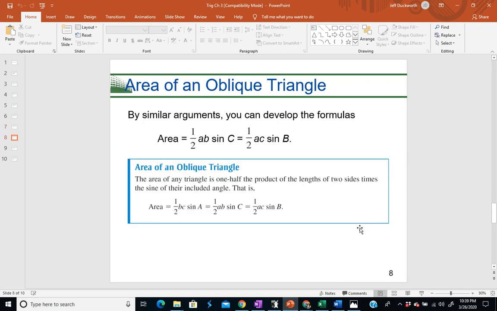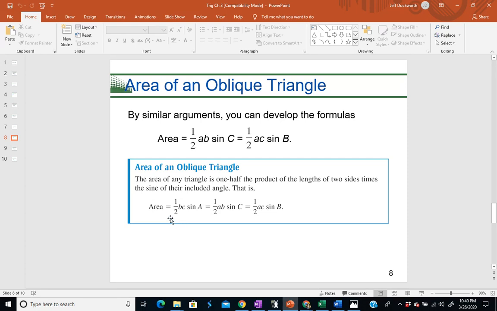Now, there are 3 different ways to calculate area based upon which ones you have. I'll draw the triangle how I drew it in, I think, video 2, where in clockwise order the angles are A, then C, then B. So just keep that in mind when you're trying to draw the triangle.